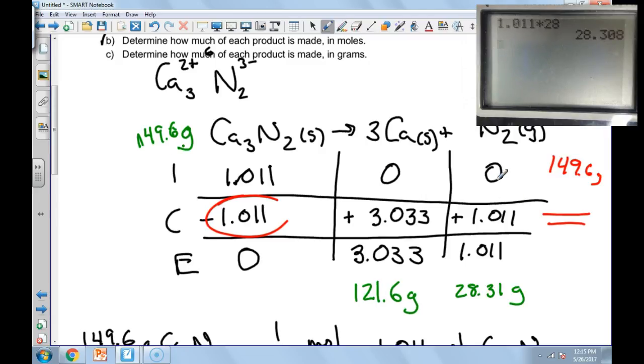And then we ended with, well, none plus 121.6 plus 28.31, and we ended with, let's see, 149.91. Okay, now that's very, very close.